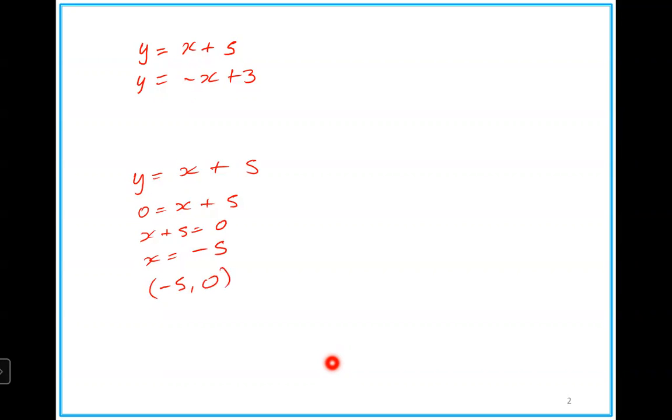And then if x is 0, you would say y equals 0 plus 5. So y would be equal to 5. So x is 0. So 0, 5 would be a second point.